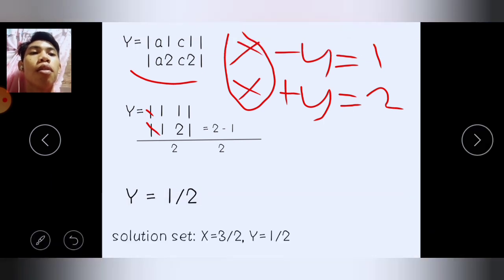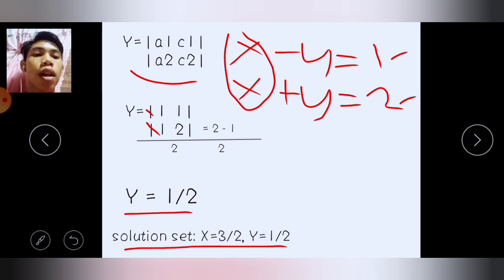And for c1 and c2 is 1 and 2. So just cross multiply. 1 times 2 is 2, then 1 times 1 is 1. So 2 minus 1 is 1. So for our y, 1 half or 1 over 2. So our solution set is x is equal to 3 halves and y is equal to 1 half. So that's our final answer.